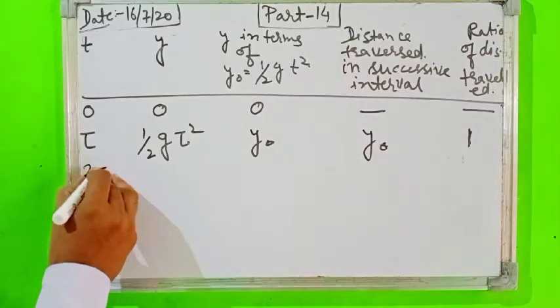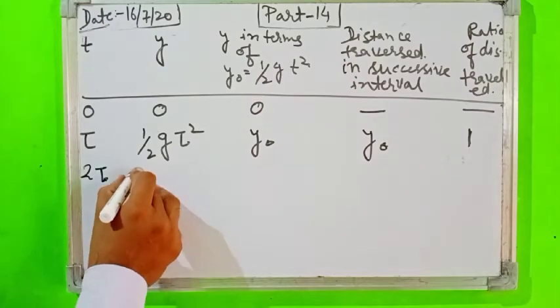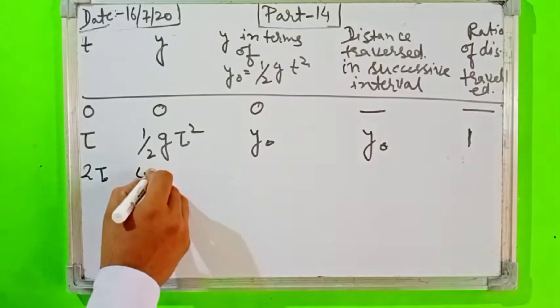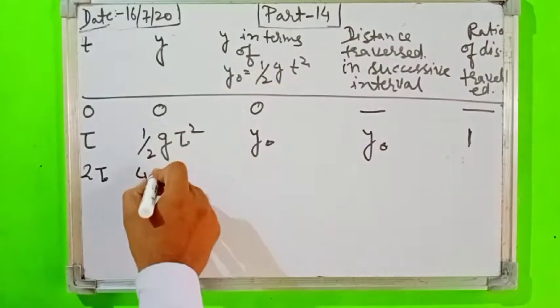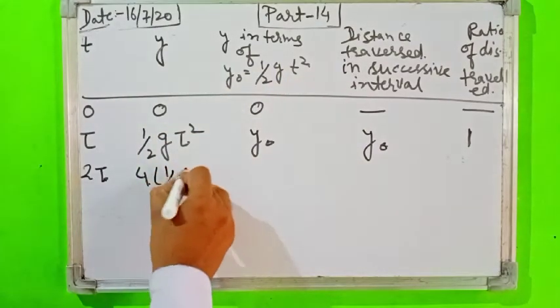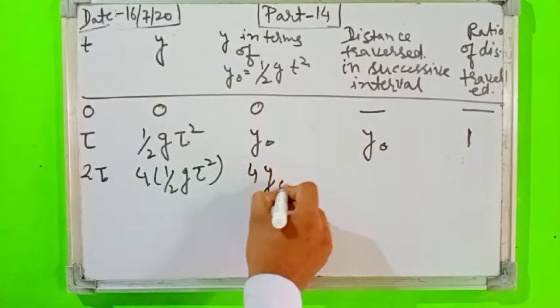Second is 2 tau. It will be half g into 2 tau square, which is 4 times half g tau square, that is 4 y naught.